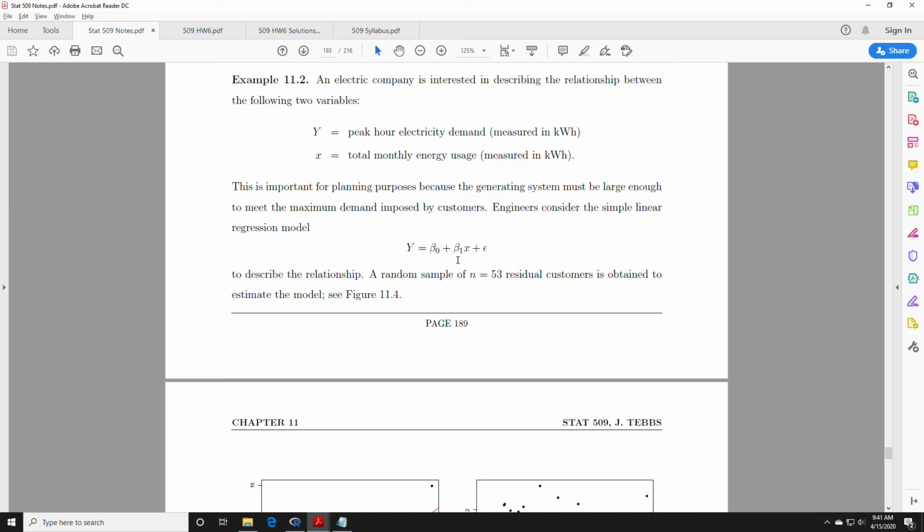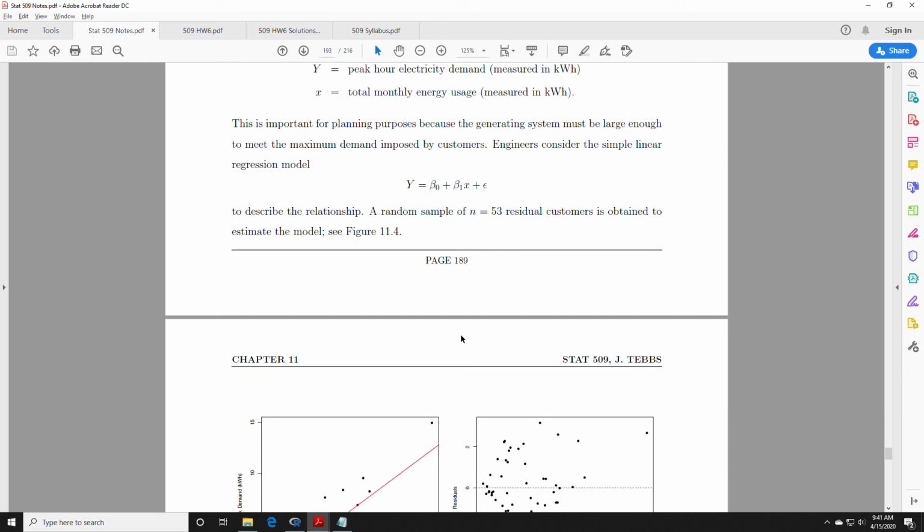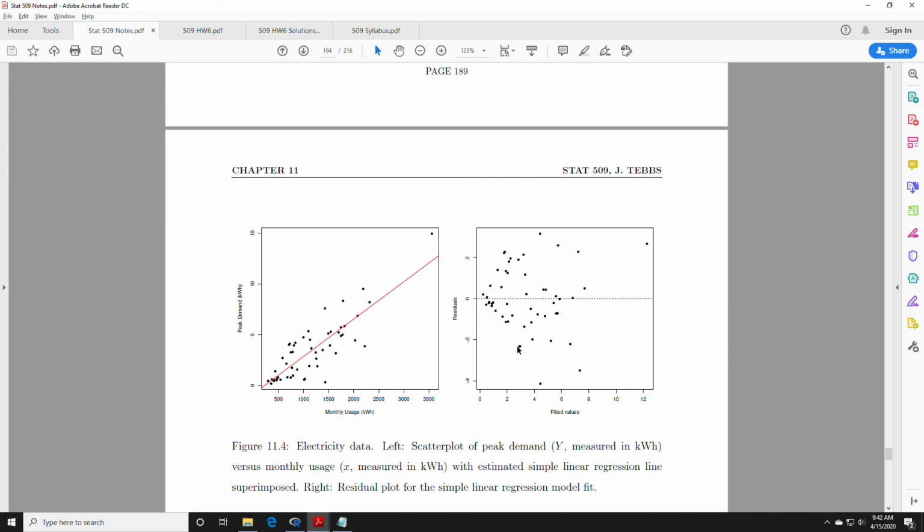So it kind of hurts the interpretability, because I can't think of a concept where we would naturally talk about changing this by 1 and changing the log or the square root of this by something else. So it hurts the interpretation. However, sometimes that could be necessary in a case like this.